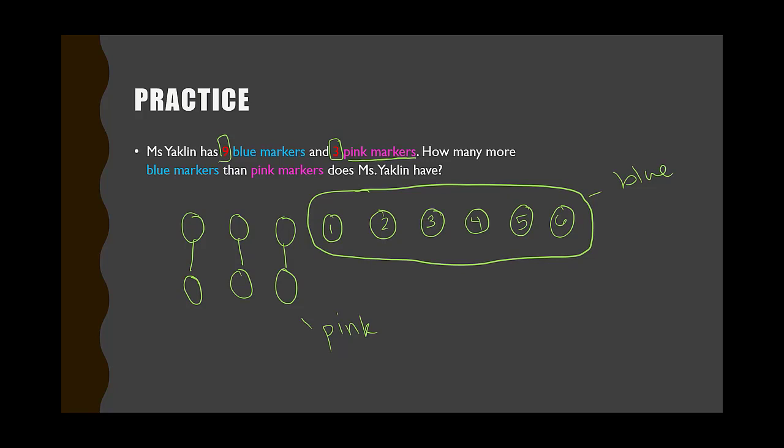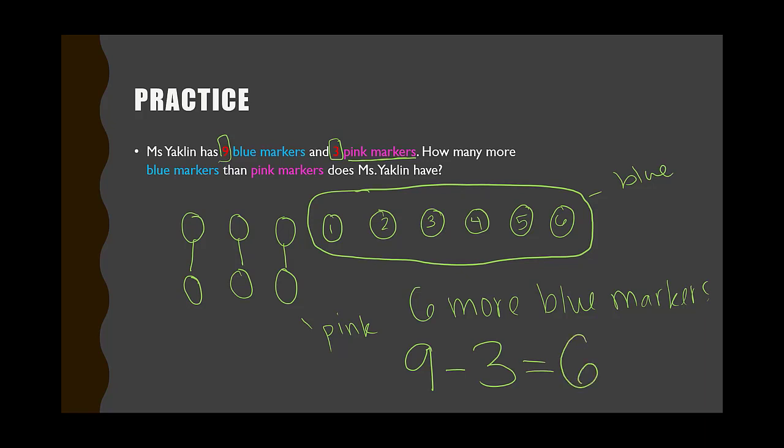So I have 6 more blue markers than pink markers. So I can write the number sentence. If I have 9 blue markers and I pair them up with 3 pink markers, so if I do 9 minus 3, then that tells me I have 6 more blue markers.